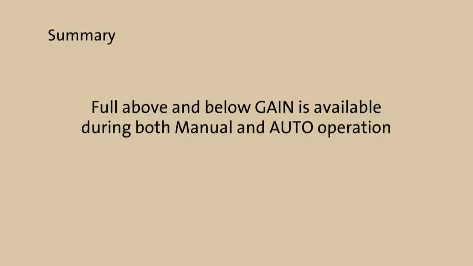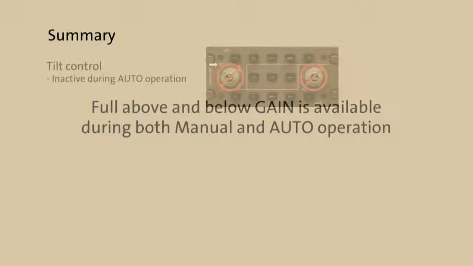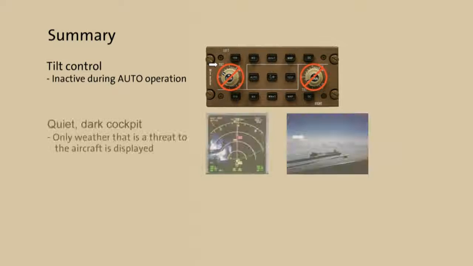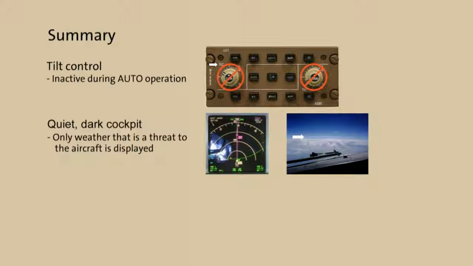Major differences between operating the radar in manual mode and in auto mode include the following. First, when operating in auto mode, the tilt control is inactive. Second, in auto mode, Multiscan utilizes the quiet, dark cockpit philosophy, and weather that is below the aircraft altitude is not displayed.